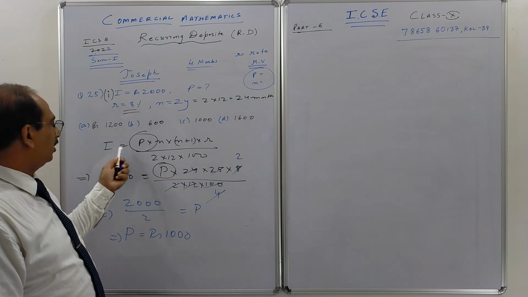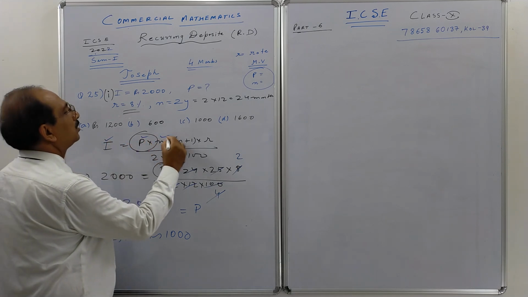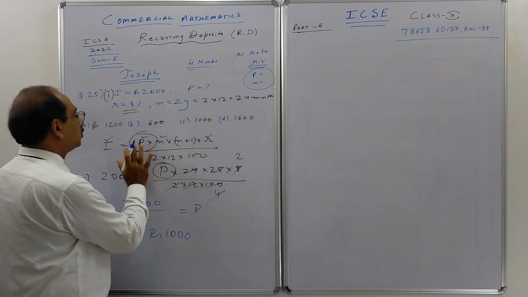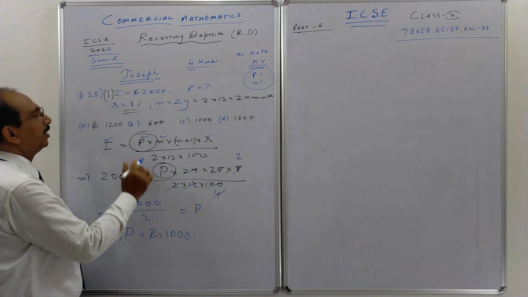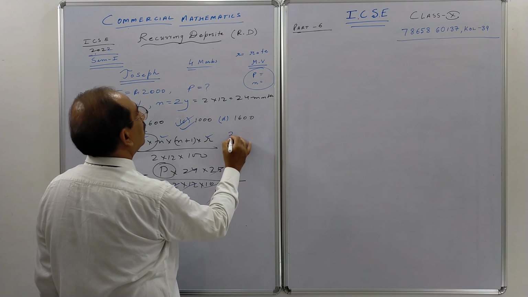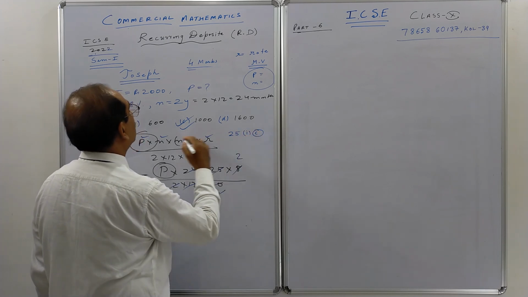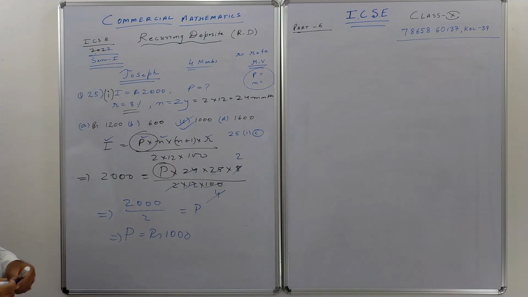So here we have 1, 2, 3, 4 things, children. P is unknown, so we find it out and the answer is C. So here, children, 25 part 1 question, the answer is C, 1000 rupees. Okay, so pause the video and copy, then we move on to the second part of this question.